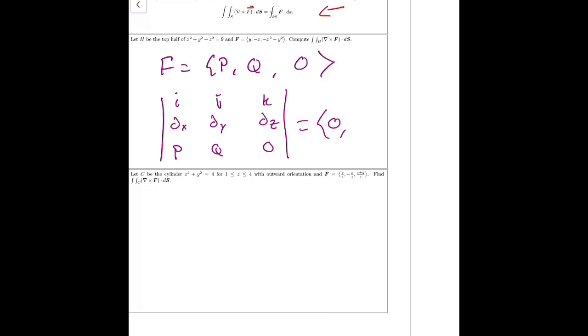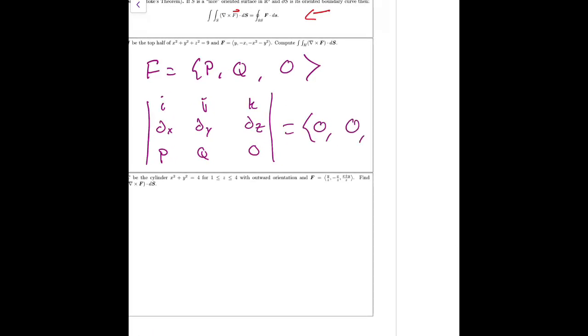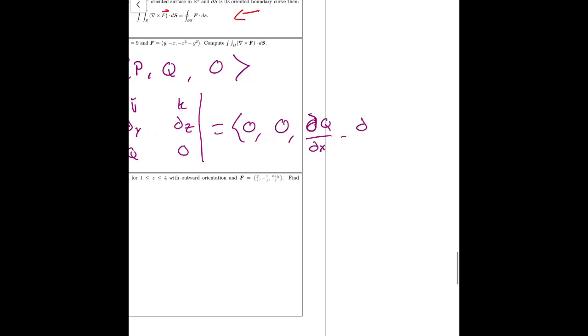Again, that's 0 because P is only a function of x and y. And finally, we're left with the partial derivative of Q with respect to x minus the partial derivative of P with respect to y.